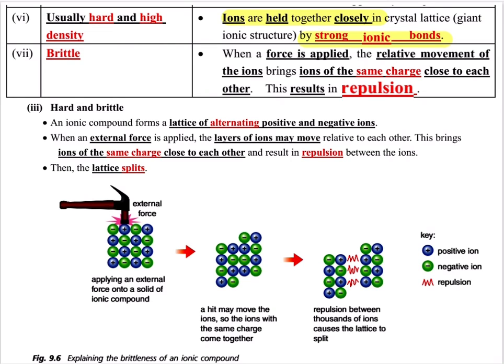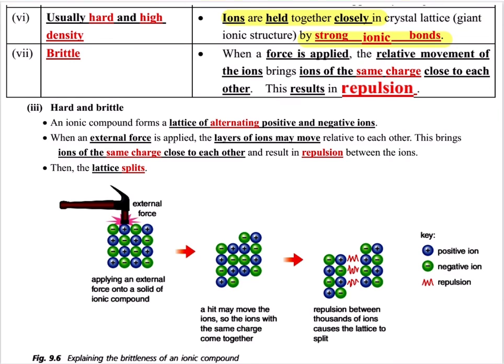Alright, and then how about hard? Why is it hard? For a hard substance, it means it is difficult to deform it. It is difficult to change the shape of the substance.